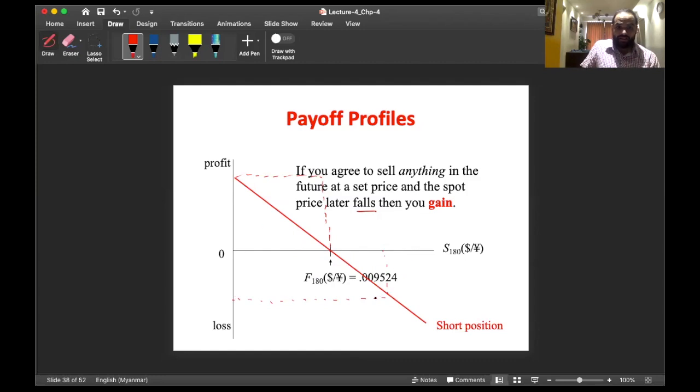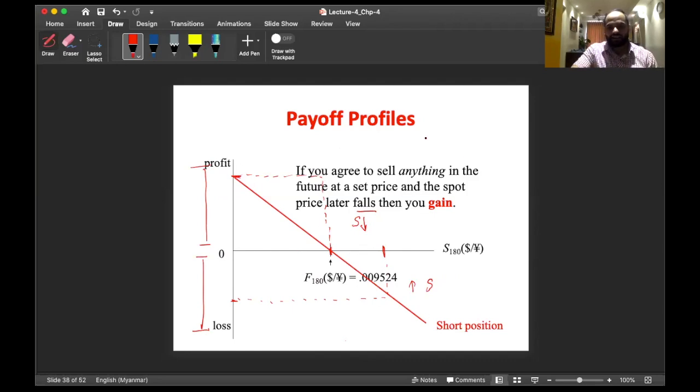Profit and loss again depend upon the movement in the price. Price could increase, decrease, any kind of change. Remember, this area is for loss and this area for profit. With the help of the graph, we can understand: if the spot price goes up, we make a loss. If the spot price goes down, we make a profit.